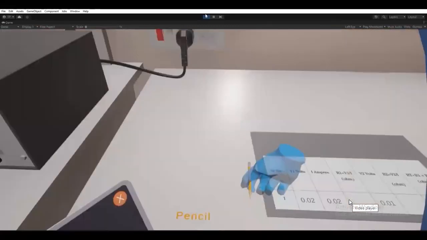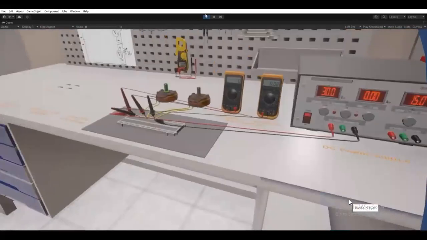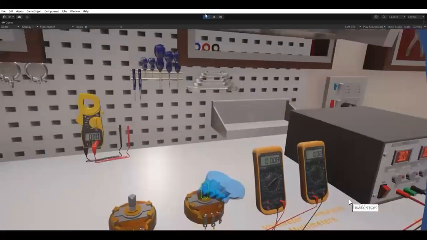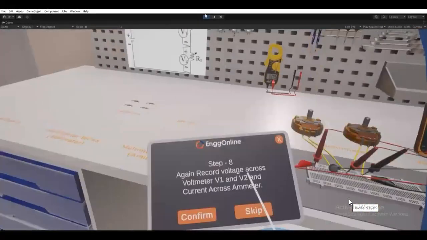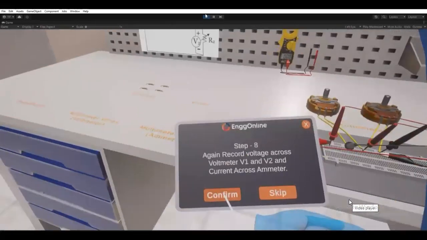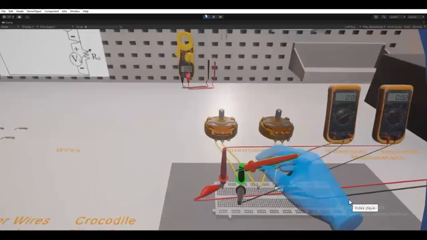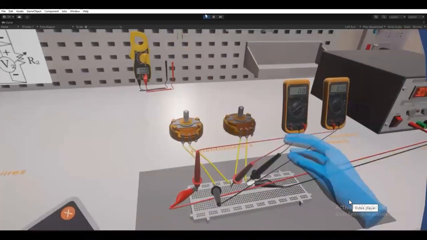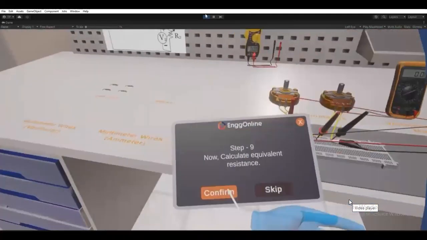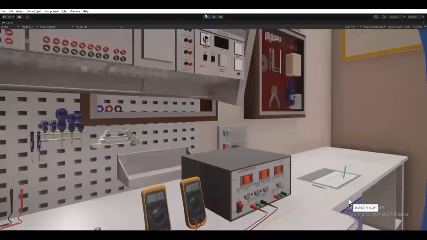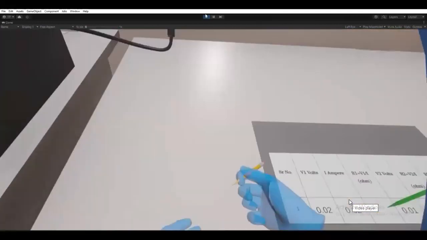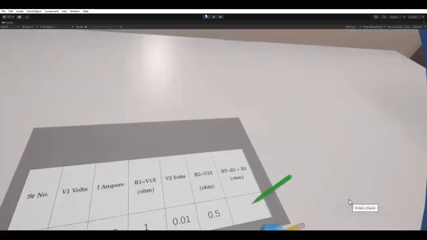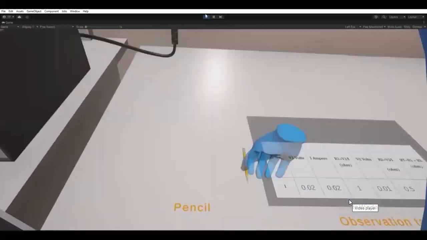Vary the potentiometer. Step 8. Again record voltage across voltmeter V1 and V2 and current across ammeter. Step 9. Now, calculate equivalent resistance. Step 10. Switch off the supply.